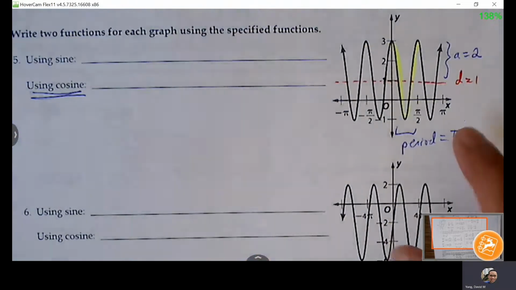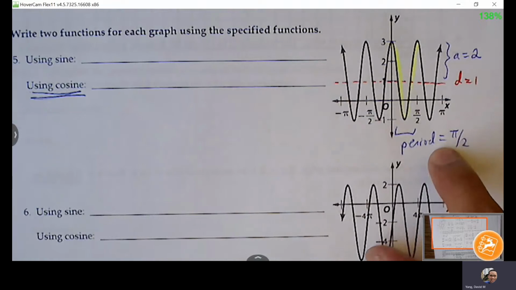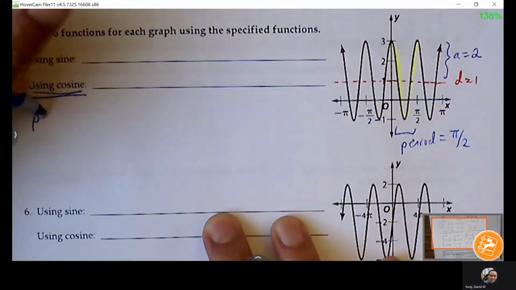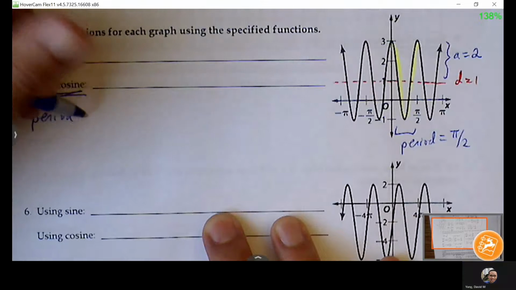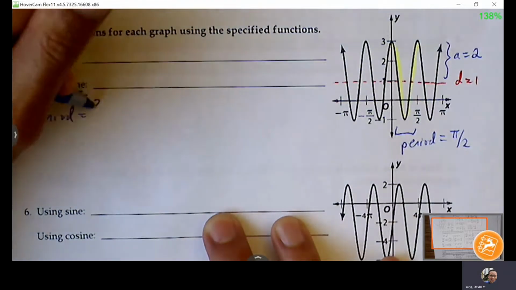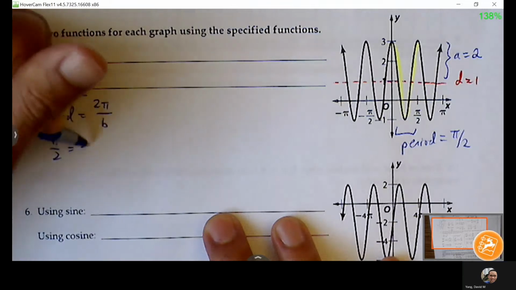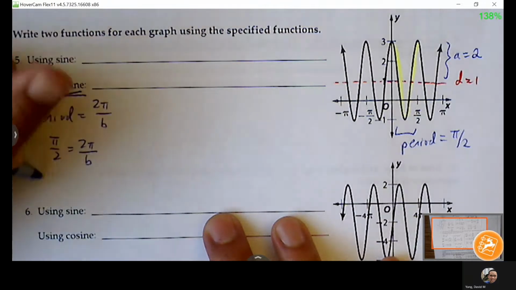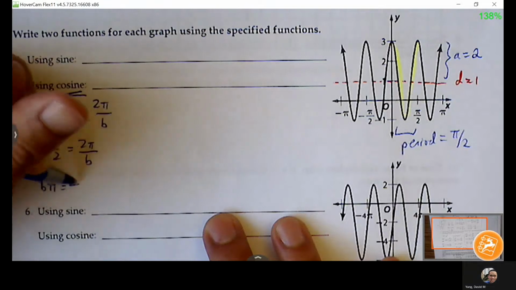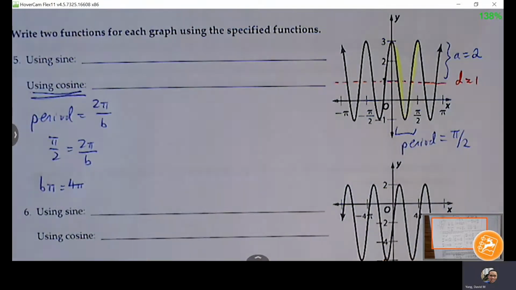Okay, so from this period information, we can find our b value. Divide both sides by pi, we get b is equal to 4.